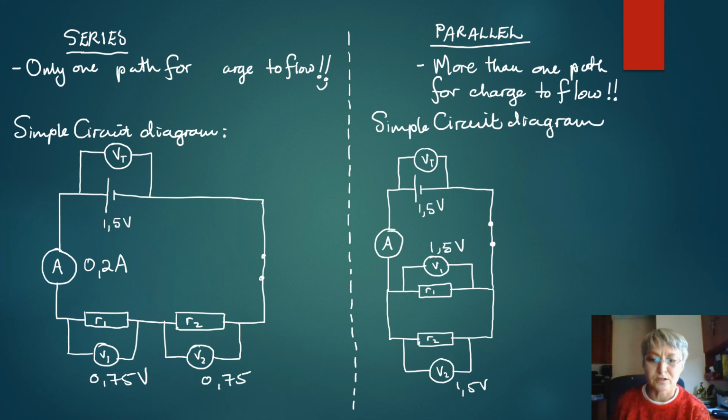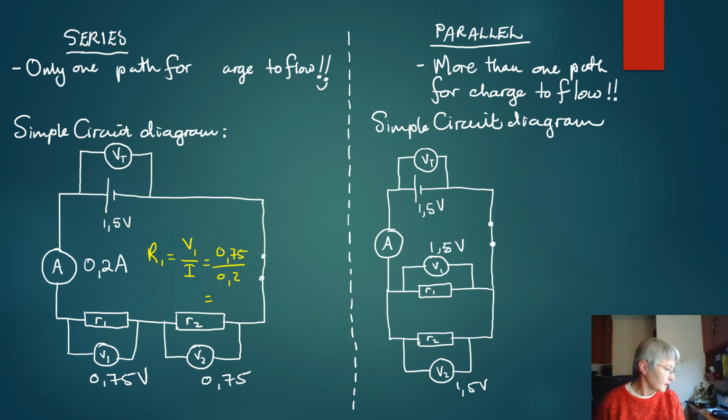So in order for us to calculate the resistance of resistor 1, if I use Ohm's law, it would be V1 over I, so that is 0.75 divided by 0.2, and that would be 3.75 ohms.